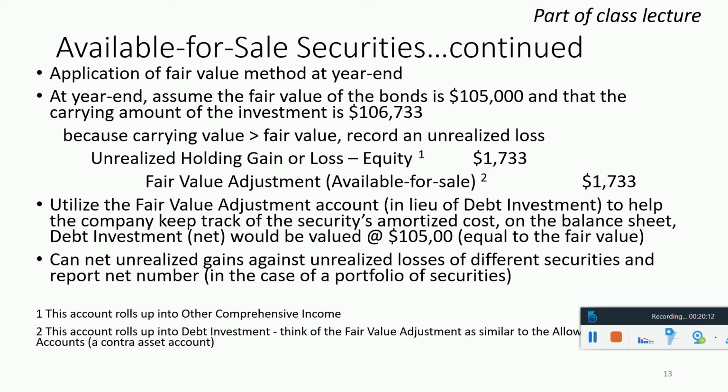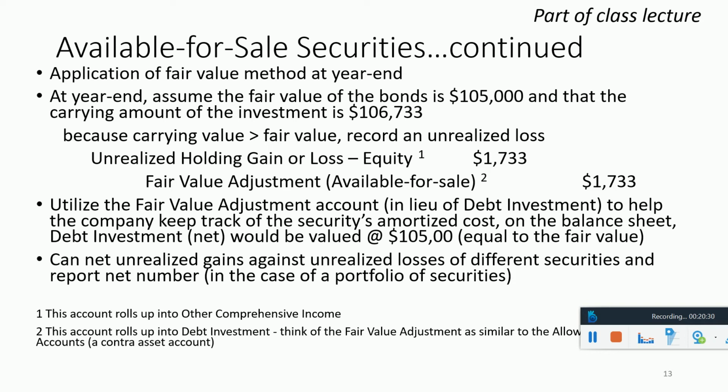The reason that it's going to go to this account is twofold. One, we wanted to note that these are available for sale securities, not trading securities. And number two, this fair value adjustment account, think of it as similar to an allowance for doubtful accounts.